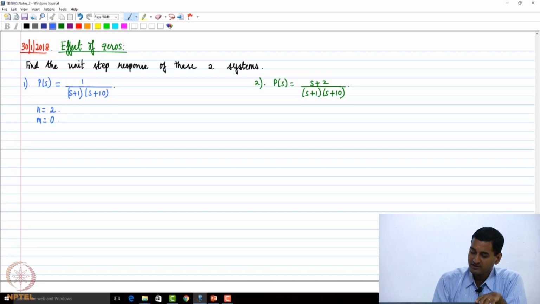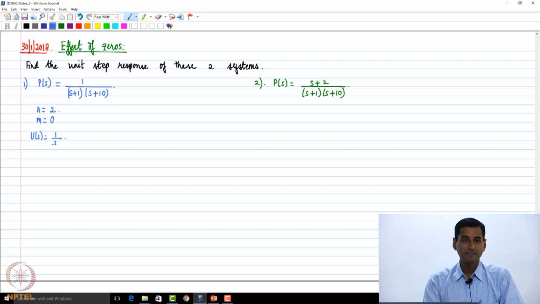So I want you to find the unit step response. Unit step response means U(s) is going to be equal to 1 by s. Looking at the transfer function, how can you decide the order of the equation? Maybe it is a third degree equation or m is 1 degree. How can you decide? You look at the numerator polynomial and the denominator polynomial.